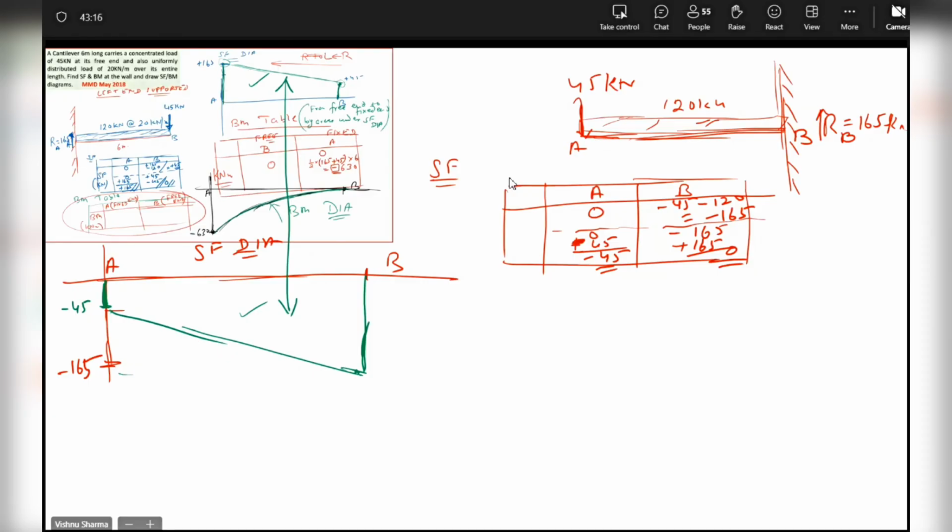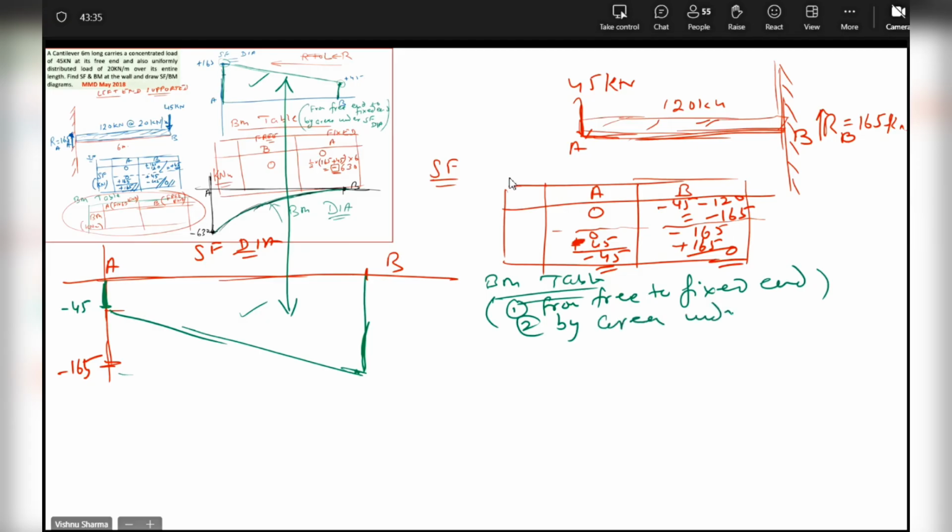Okay. Now I make the BM table. Again, A1 from free to fixed end, using areas under the SF diagram.